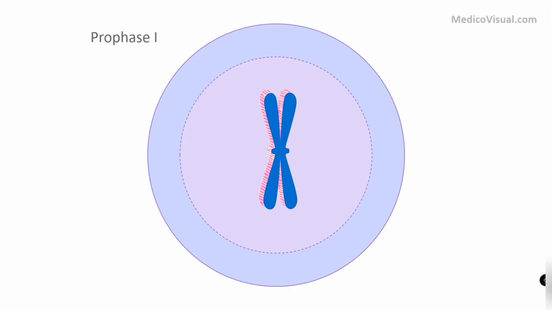Because they are pairing with each other, we call it the zygotene phase or zygotene stage. Zygo means to pair up with each other. So what happens in zygotene? They form synapsis, and that is demarcated by the beginning of formation of the synaptonemal complex.